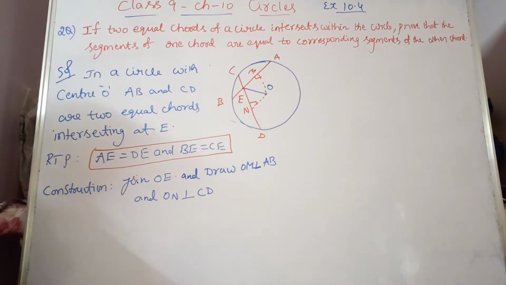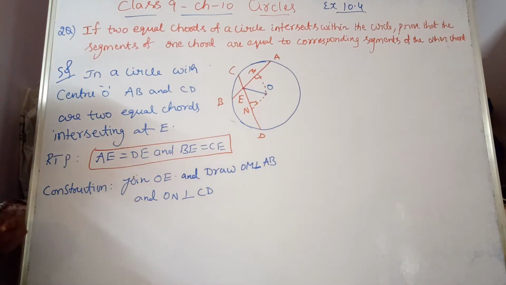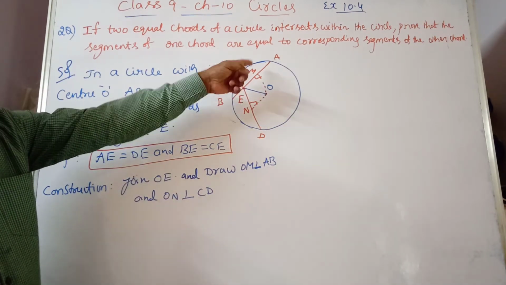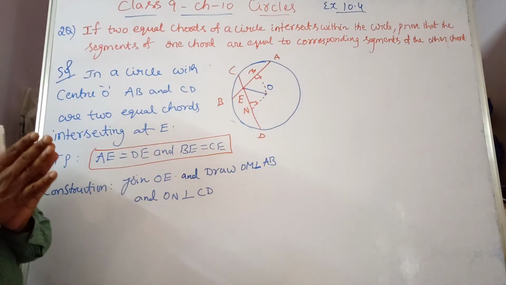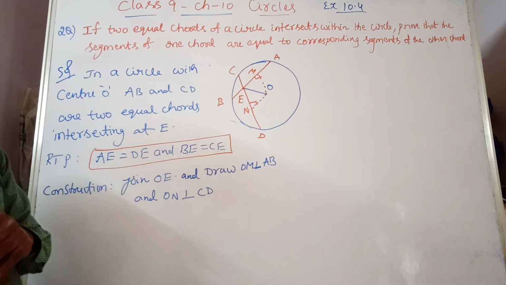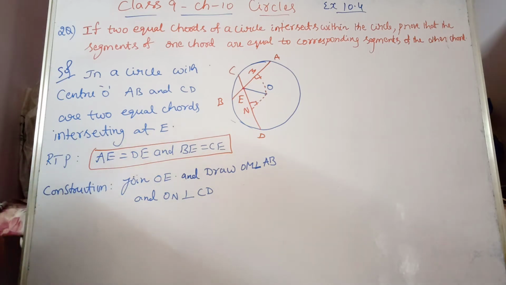This is the construction. We already discussed in the previous theorems that a line drawn perpendicular to the chord bisects the chord, and equal chords lie at equidistance from the center.